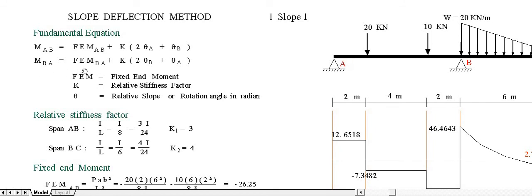Moment BA is fixed end moment BA plus stiffness factor times twice theta B plus theta A.